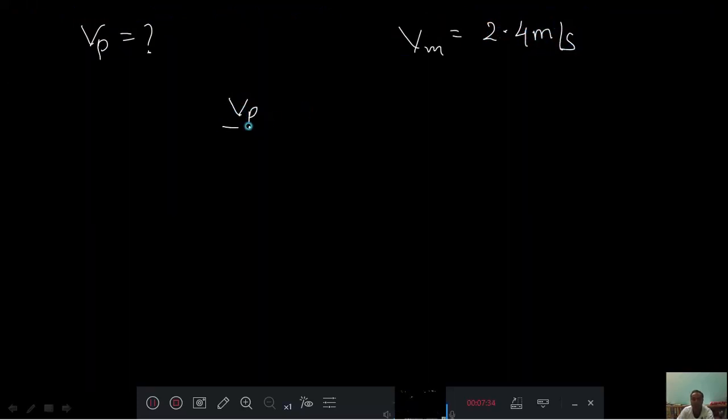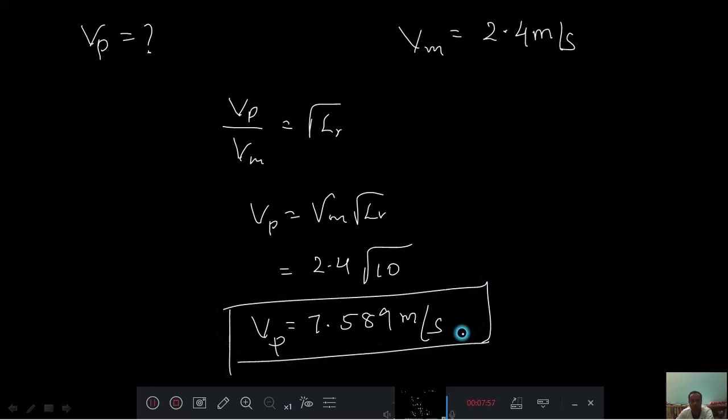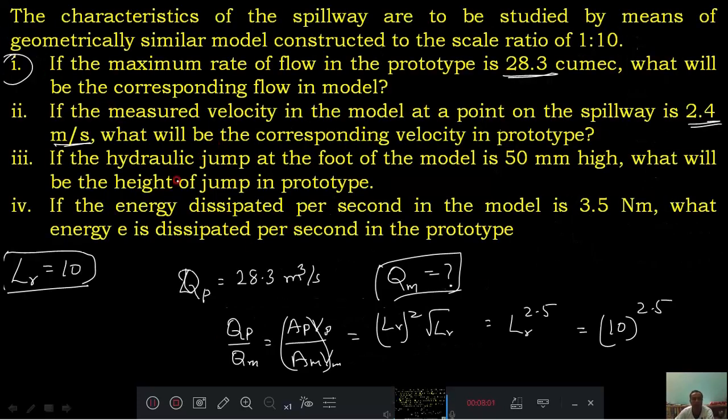Then Vp by Vm is equal to root Lr. Therefore, Vp is equal to Vm into root Lr. Therefore, 2.4 into root of Lr, which is 10. The answer is 7.589 meter per second, Vp. See how simple the problems are. Second is over. Come to the third.